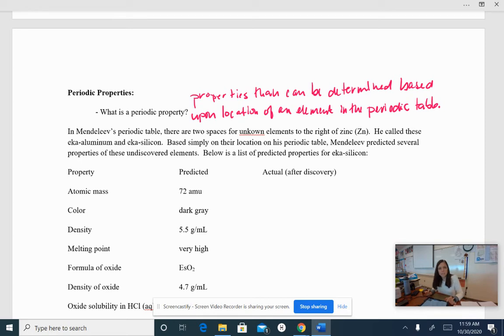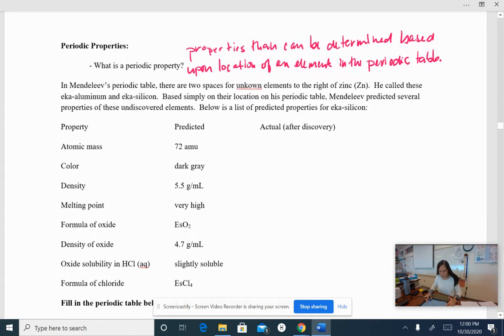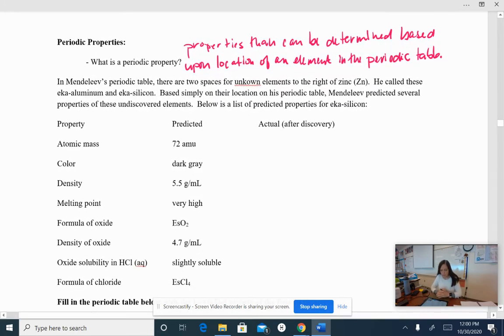So here we go. Let's look at what Dmitry Mendeleev was able to predict. In Dmitry Mendeleev's periodic table, there are 2 spaces for unknown elements to the right of zinc. If you look to the right of zinc in our modern periodic table, we have gallium, which we already talked about in the TED Talk video that I gave you, and then we also have germanium.